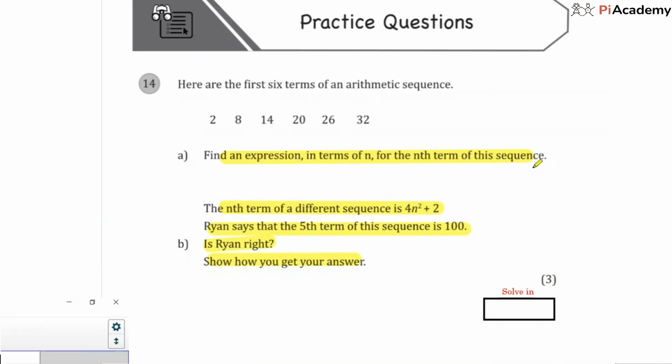Sir. Good, Rahul. Ravi, are you here, Ravi? Jack.